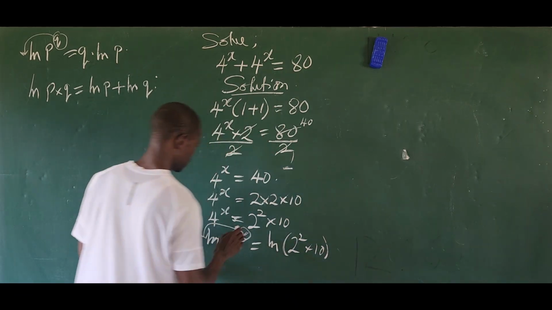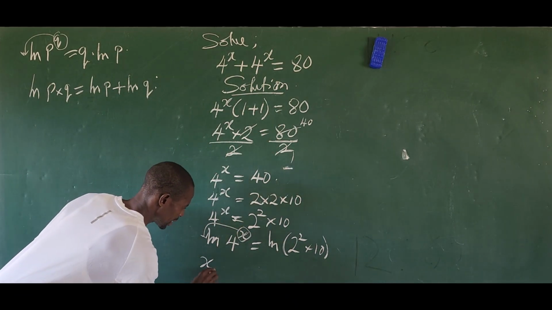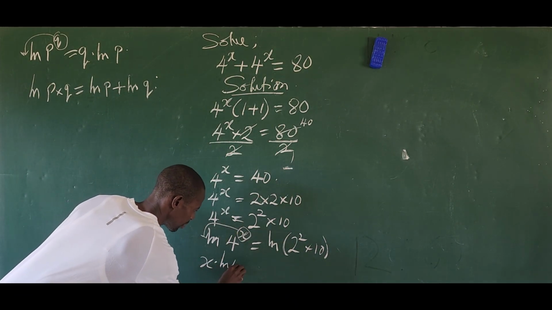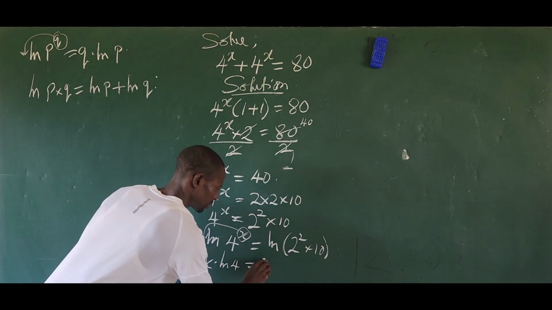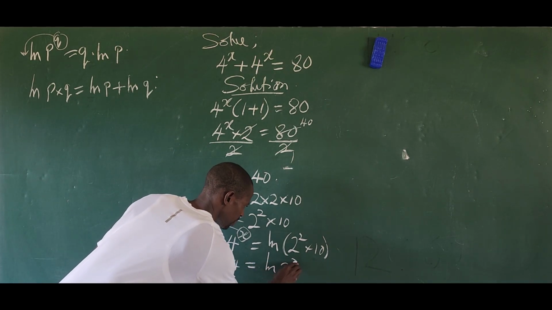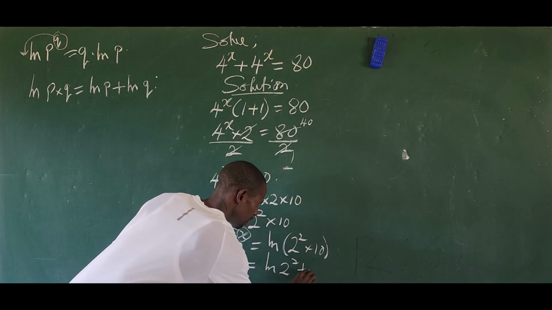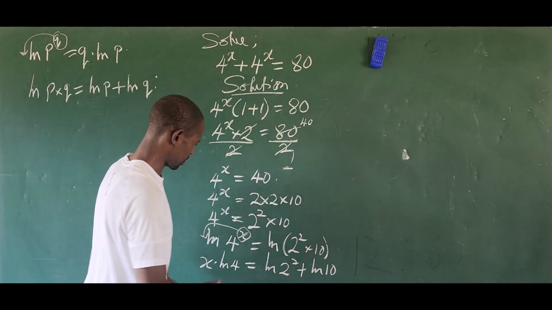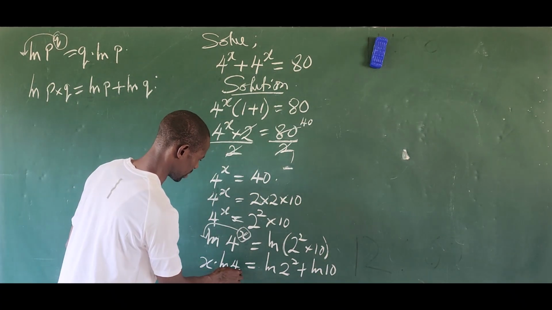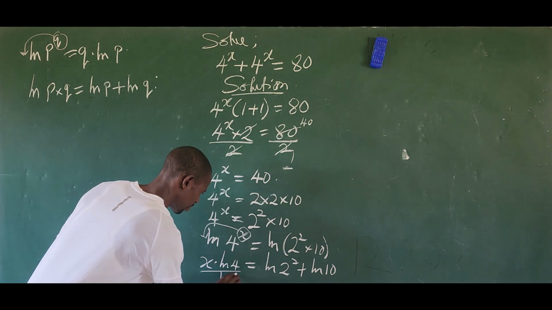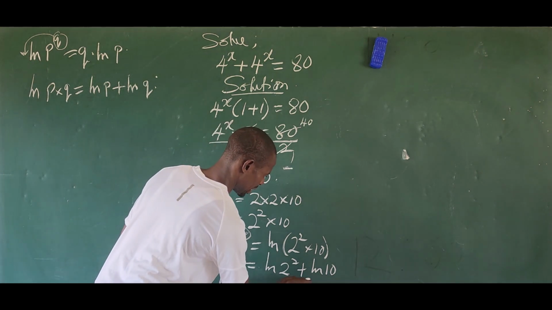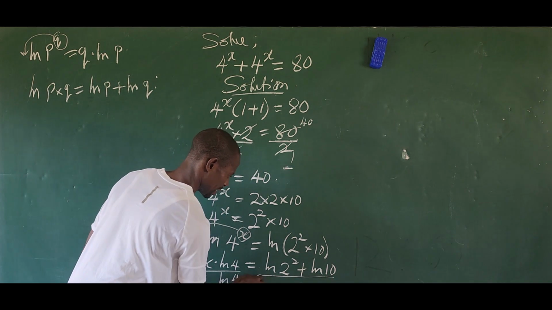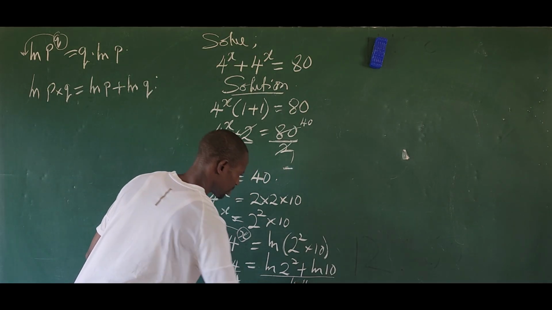So writing these two expressions, we're going to have x times ln of 4 equal to ln of 2^2 plus ln of 10. Right? Good. So now we can divide both sides of this equation by ln of 4. We can equally divide everything here by ln of 4 also.